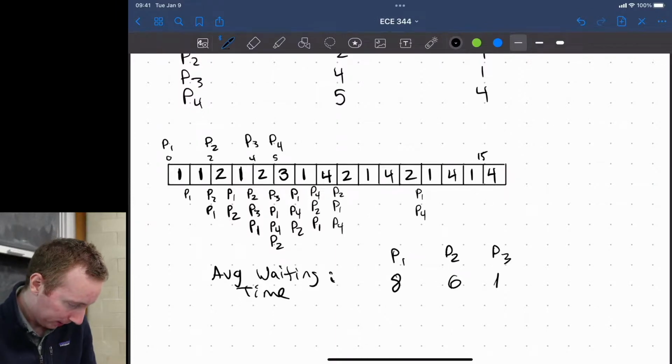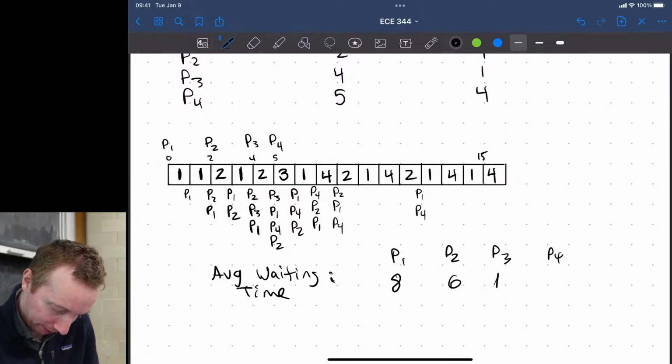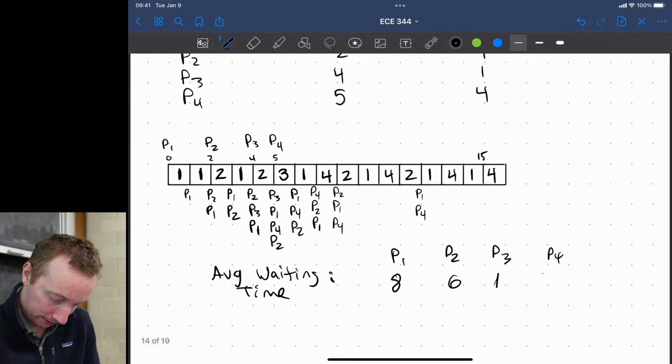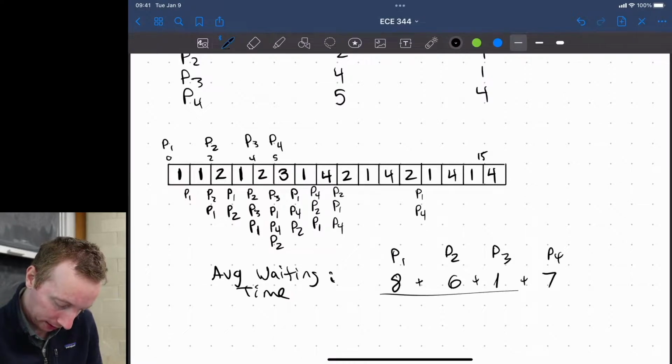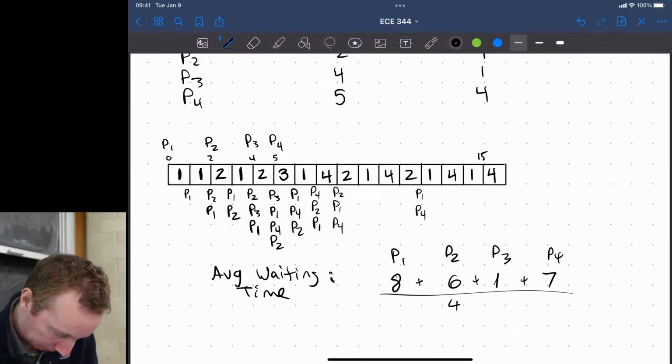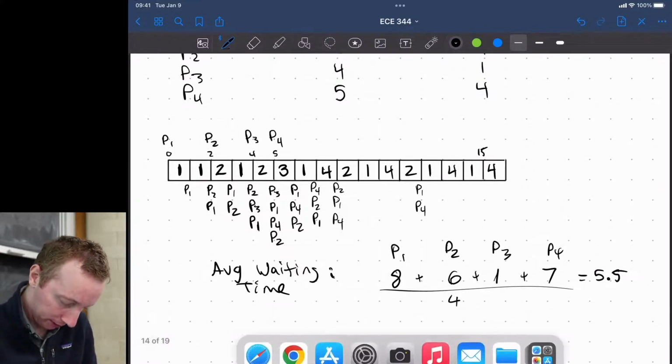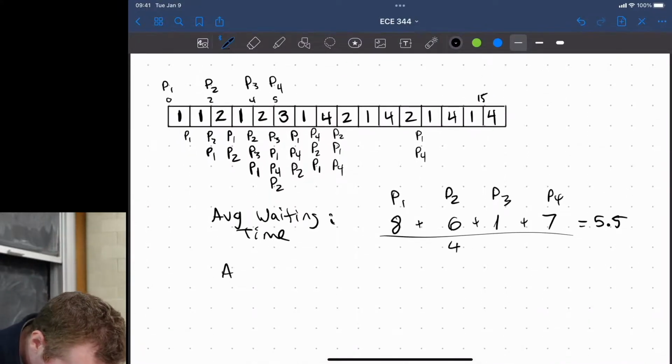That was easy. All right, process 4. I heard 7. So if I do that, divide by 4, 5.5. Cool.